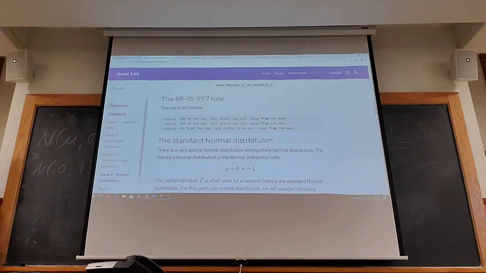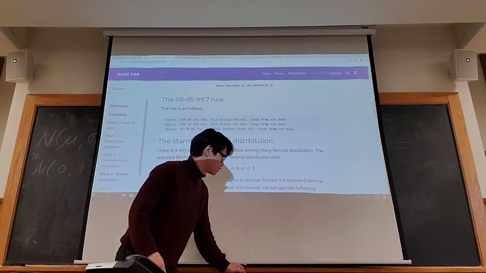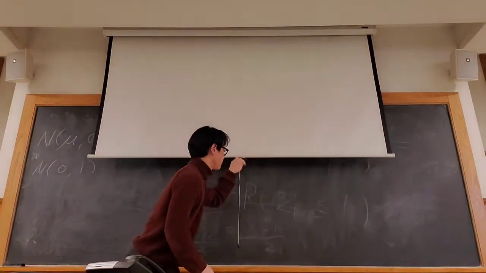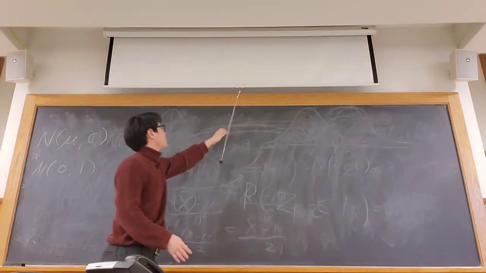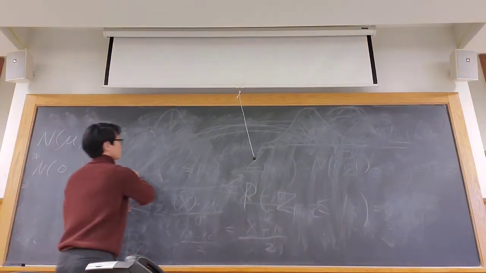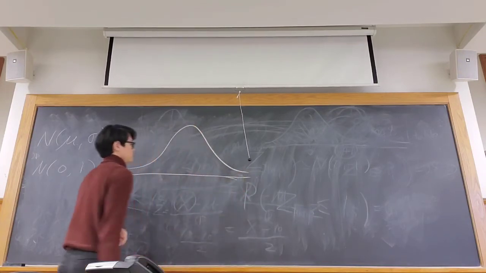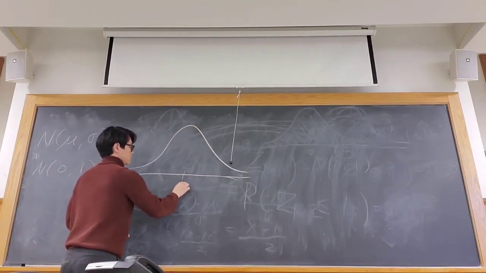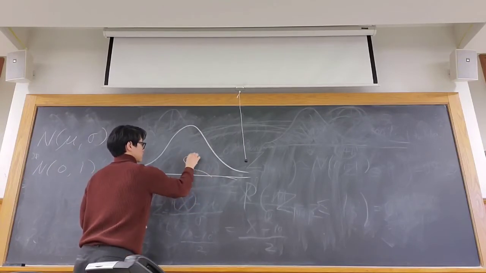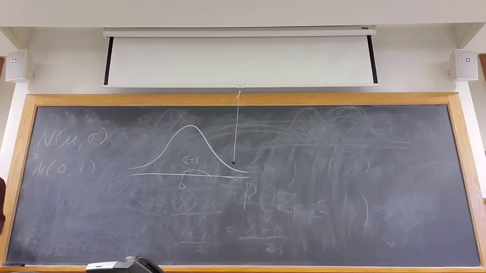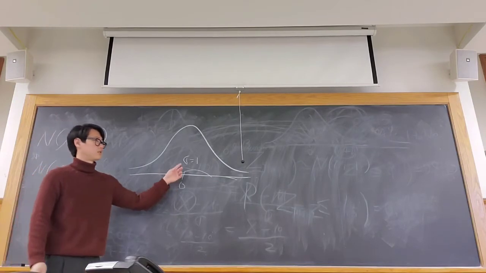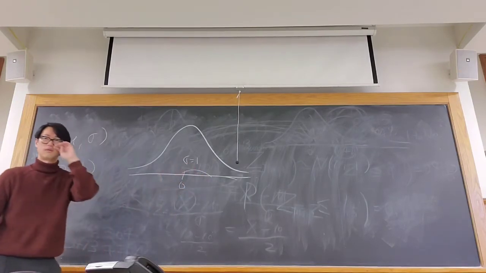Normal 0, 1. If I draw the picture of the standard normal distribution, it looks like this. It's a bell shape, centered at 0, and one standard deviation is 1, right?